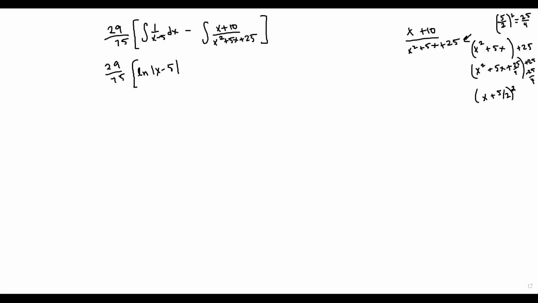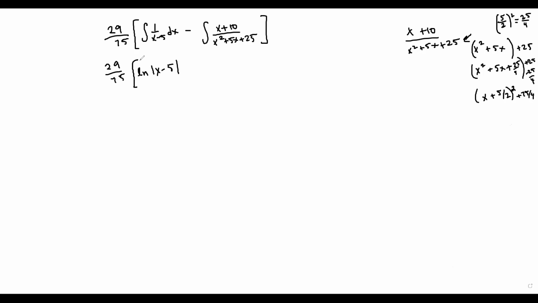And then I do need to simplify 25 take away 25 over 4. Again, you can use your graphing calculator if you're not a big fraction fan. However, this essentially comes down to 100 minus 25 divided by 4. If we get a common denominator, that leaves us with 75 over 4. All right, not the best vibes, but we got what we got.